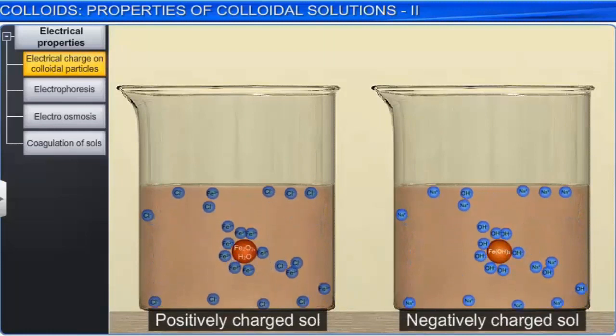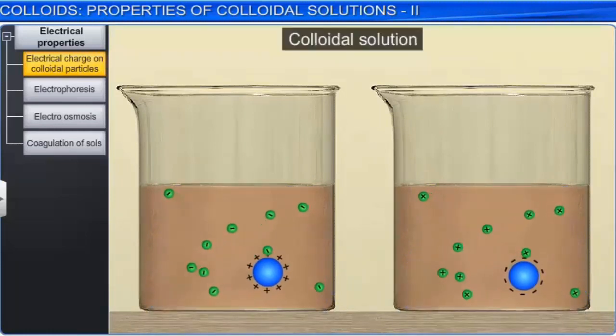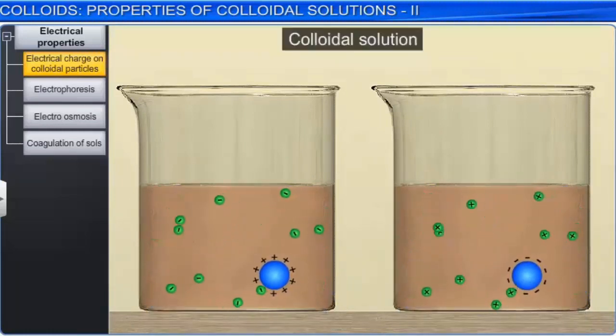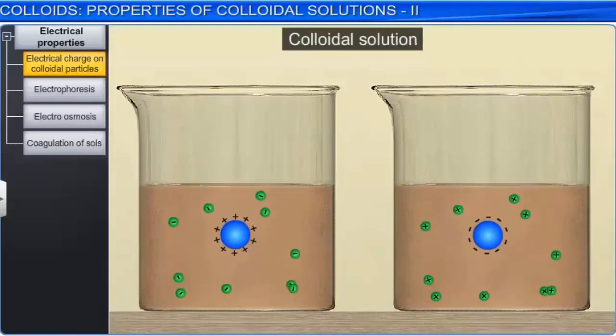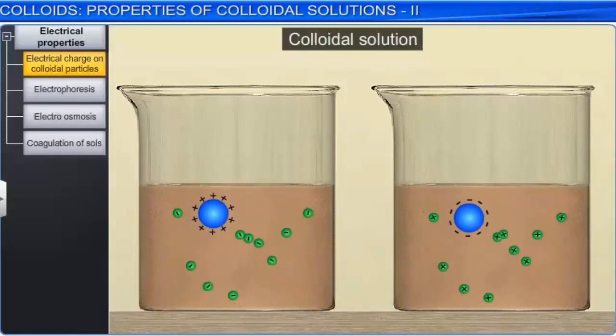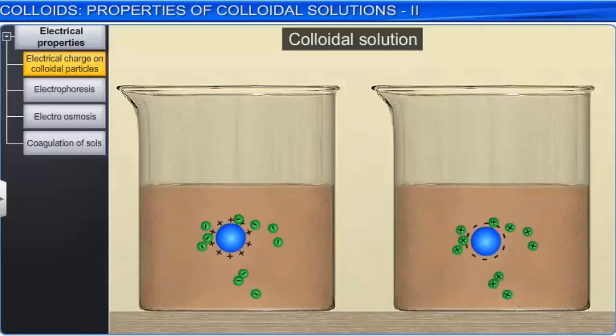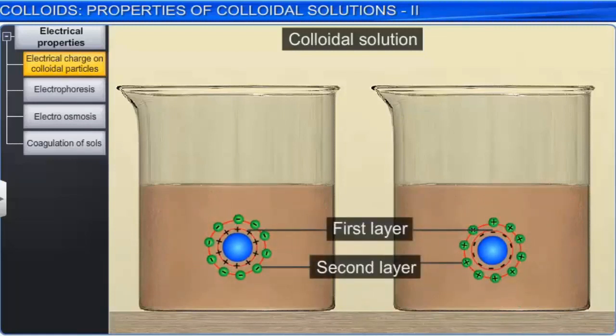The positive or negatively charged colloidal particles of a layer attract oppositely charged ions from the dispersion medium, forming a second layer as shown here. These counterions are not adsorbed on the surface of the colloidal particles, but exist in the solution.